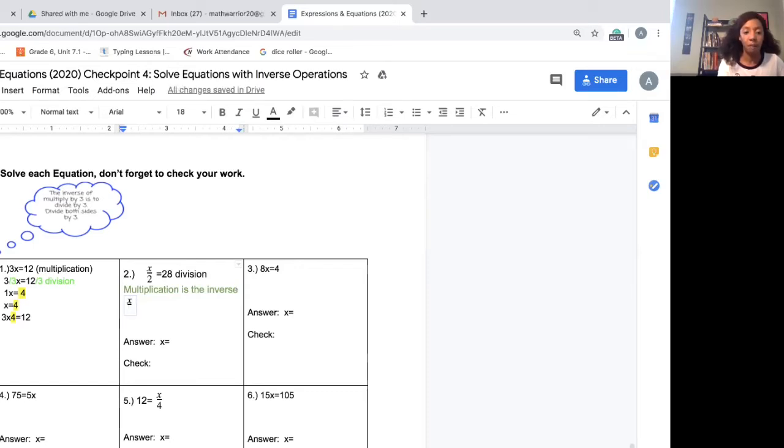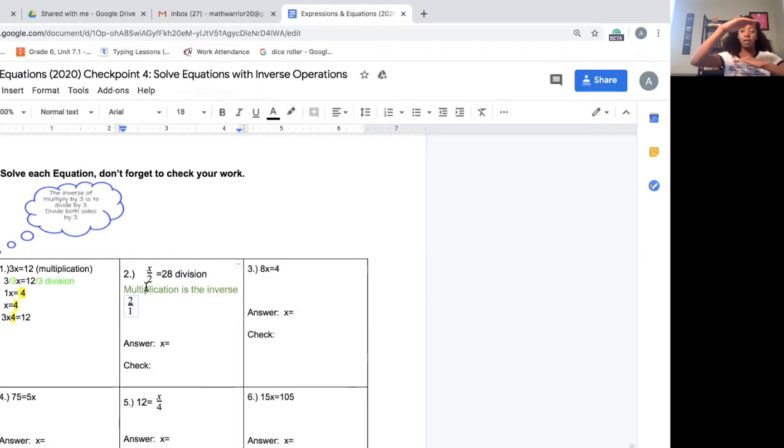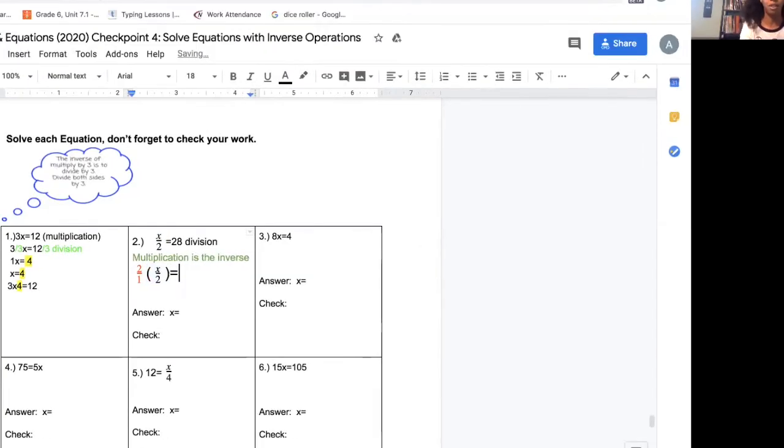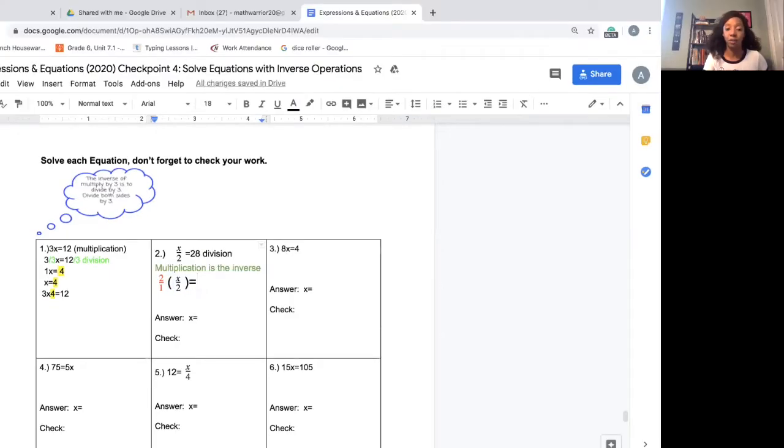The reciprocal basically is just taking our fraction, which is really 1 over 2, and flipping it so that it becomes 2 over 1. Once we multiply x over 2 by 2 over 1, we're going to multiply 28 times 2 over 1.